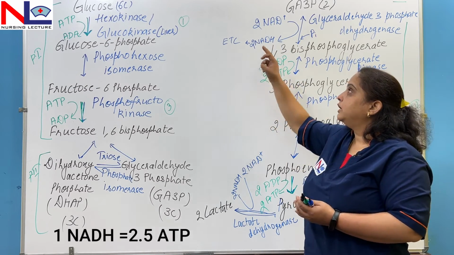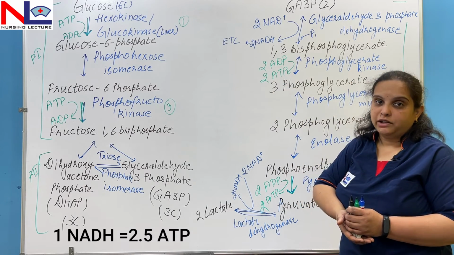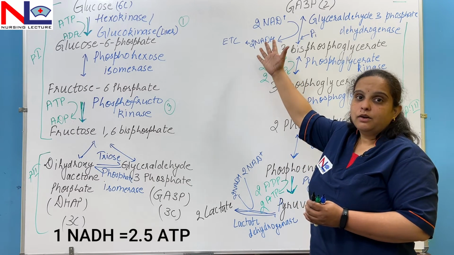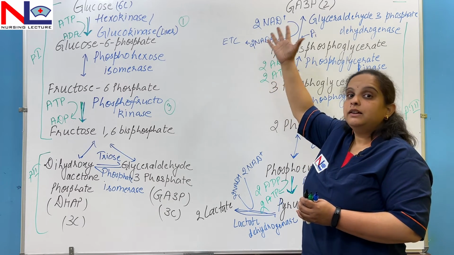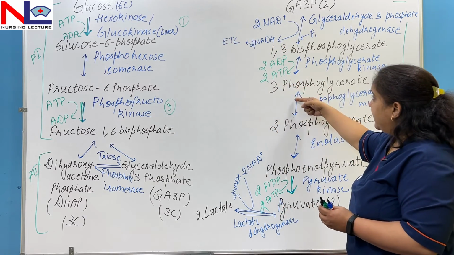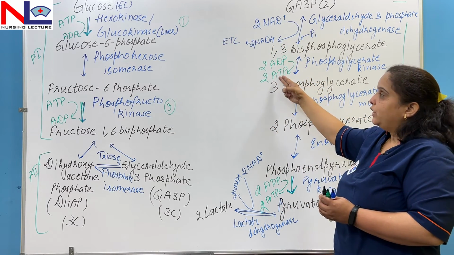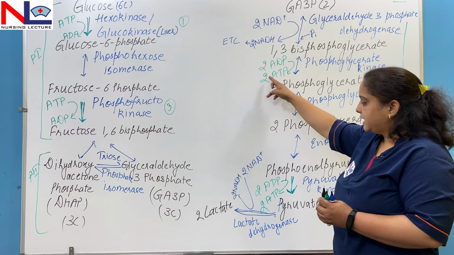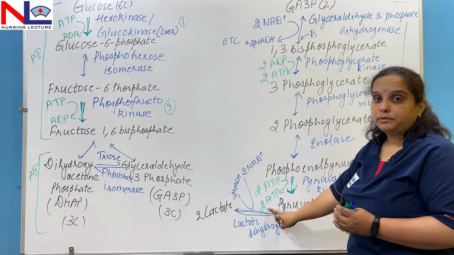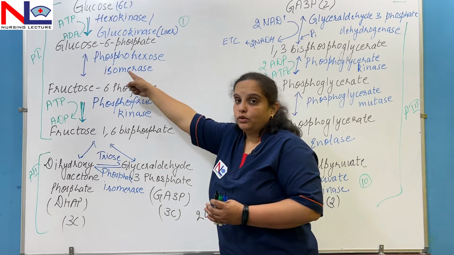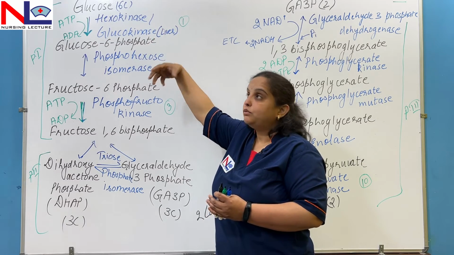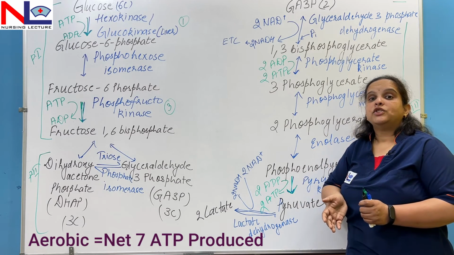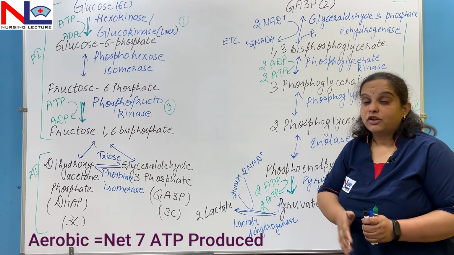It is said that 1 molecule of NADH gives 2.5 ATP. As this reaction occurs twice, 2 NADH give 5 ATP. And again here we can see 2 ATPs are produced here and 2 ATPs are produced here. So overall 5, 6, 7 and 8, 9. 9 ATPs are produced, and minus 2, because 2 ATPs are initially consumed by this process. So 9 minus 2 is 7.